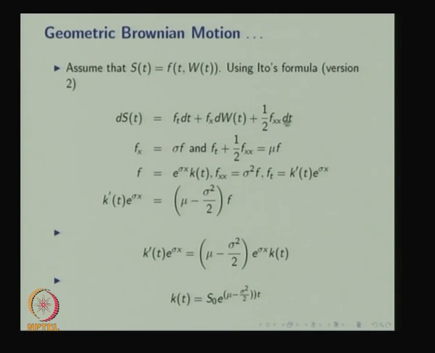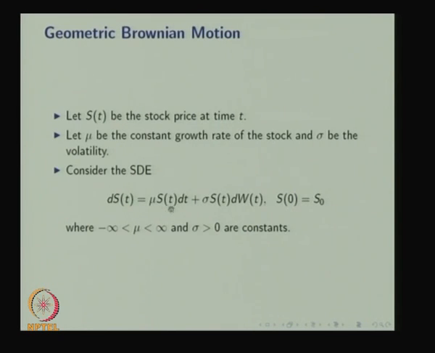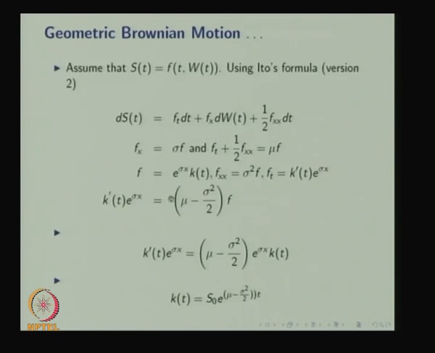The coefficient of dt is f_t plus half of the second derivative with respect to x, so f_t plus half times f_xx equals mu times S_t, that is mu times f.